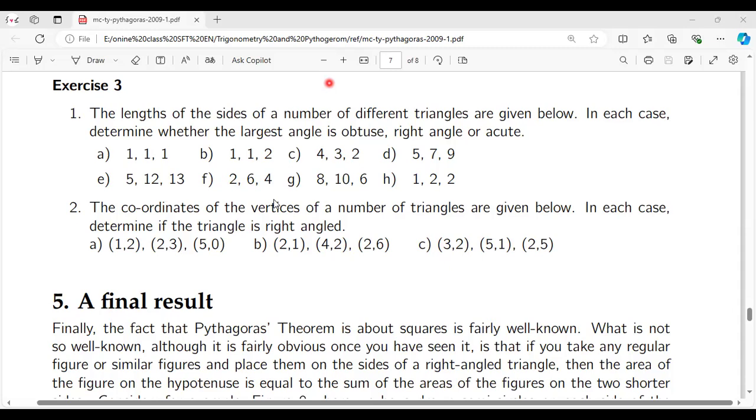Which means one angle of the triangle is 90 degrees. So here are some examples you can try.